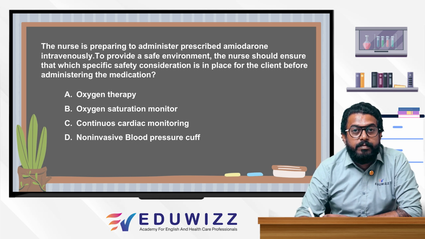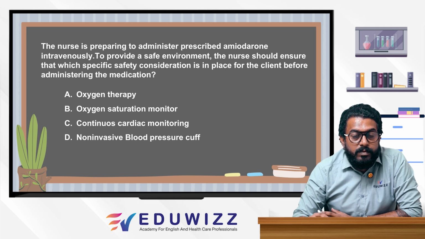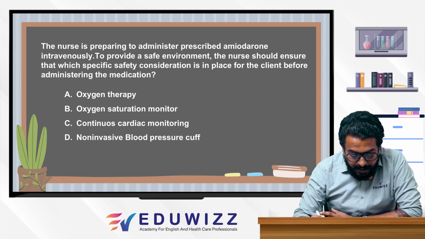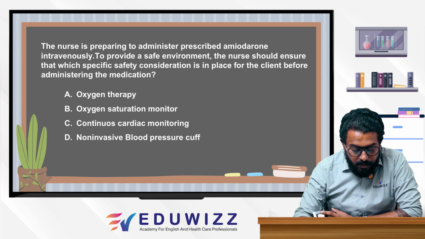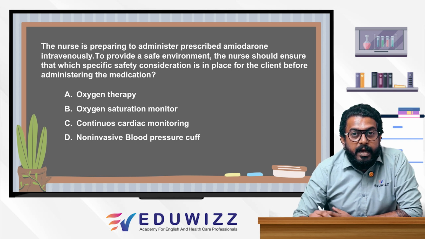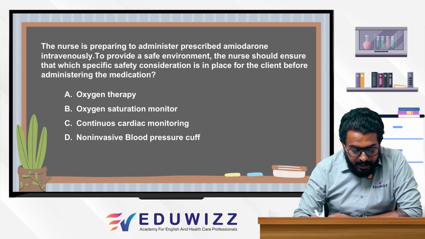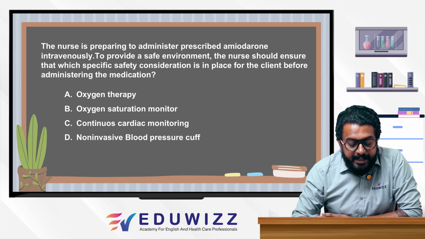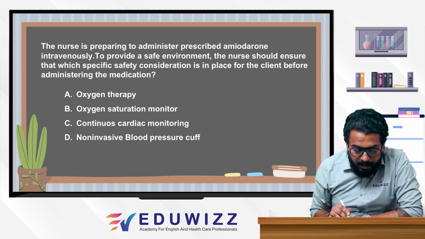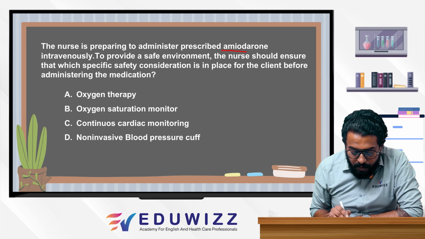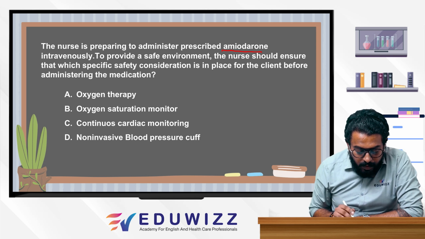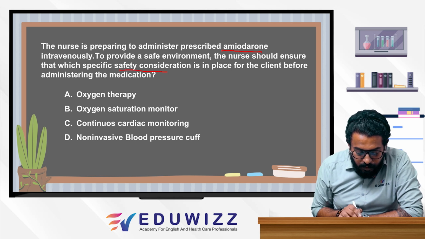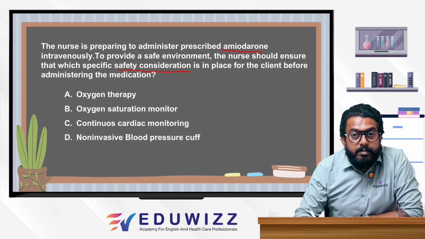The question is about the medication called amiodarone, and what safety precautions we should have while administering it. This is comparatively an easy question if you know about the medications.